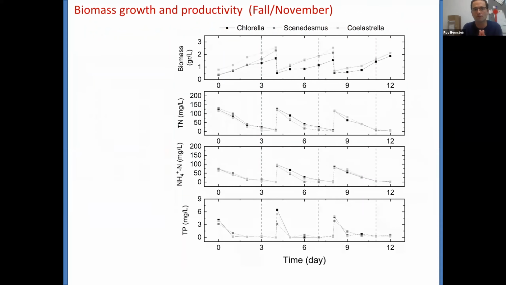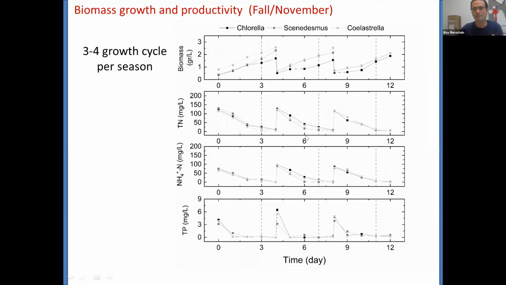So for the result of our microalgae cultivation, what you see here is the result that we obtained during fall. We did it for all other 3 seasons, and I'm not going to present it, obviously. We ran every season in 3 to 4 cycles. In every cycle, we measured the biomass growth, the TN, ammonium, and TP in the effluent.